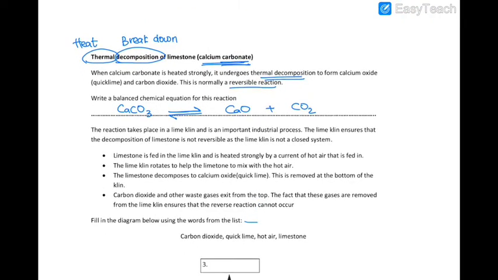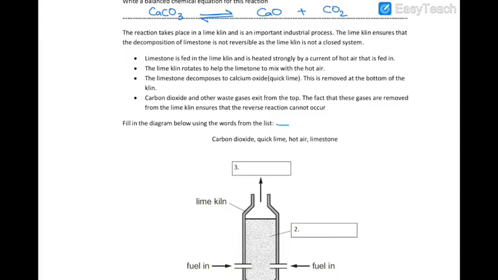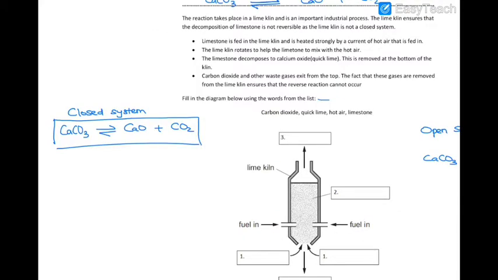And this is normally a reversible reaction when it's carried out in a closed system. What does that mean? A closed system is a system where nothing gets in and nothing gets out. So when calcium carbonate is in a closed system and you're heating it, whatever carbon dioxide is formed can combine again with the calcium oxide because it's a closed system.